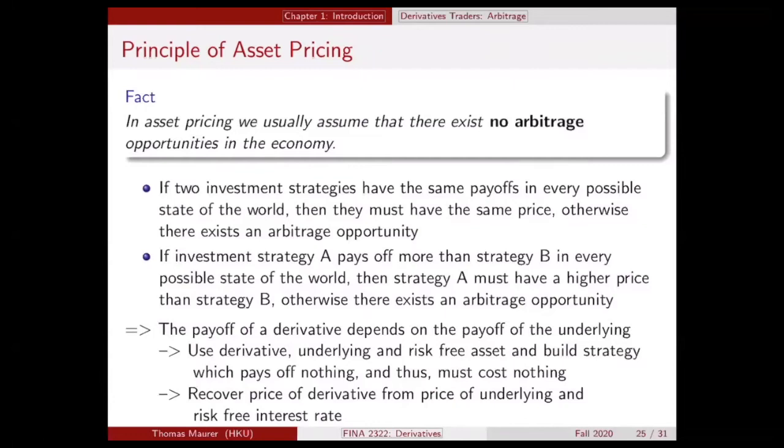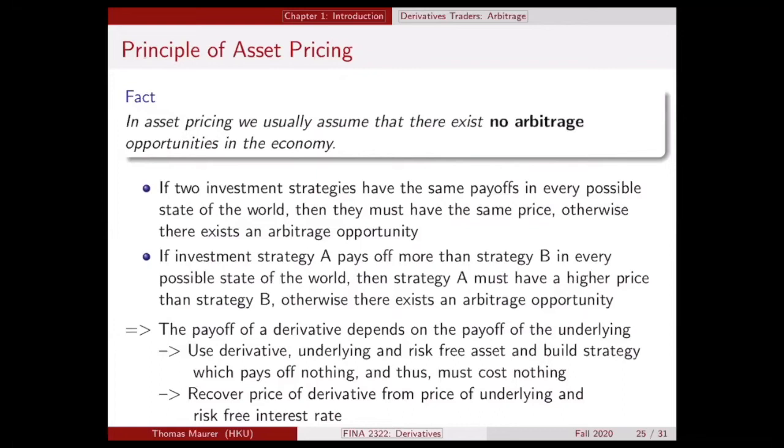Okay. So in more detail, what does it mean? Well, if you have two investment strategies which have exactly the same payoffs in every possible state of the world in the future, so no matter what happens, then it must be that they have exactly the same price today. So how does this help us to find the fair value of a certain financial contract?